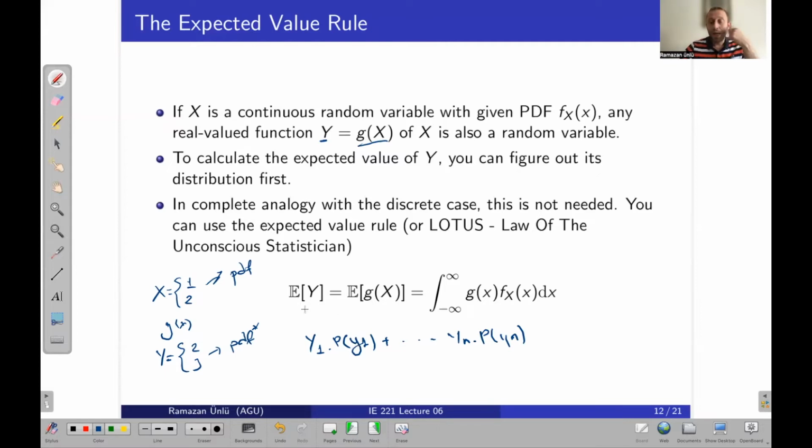Based on the LOTUS, the expected value of y is equal to the expected value of g of x, which will be equal to the integral of g of x times f of x, where f of x is the PDF of x. So instead of using the PDF of y, we use the PDF of x, multiply it by the function of x, and integrate between minus infinity and infinity. This is equal to the expected value of y.